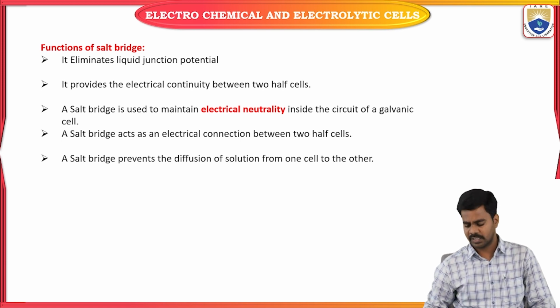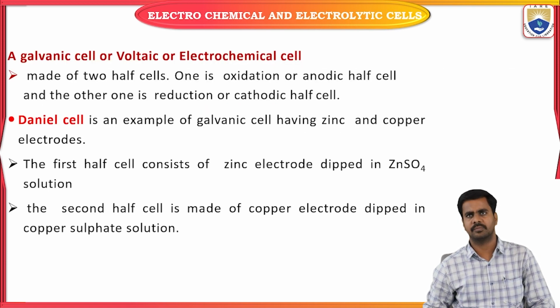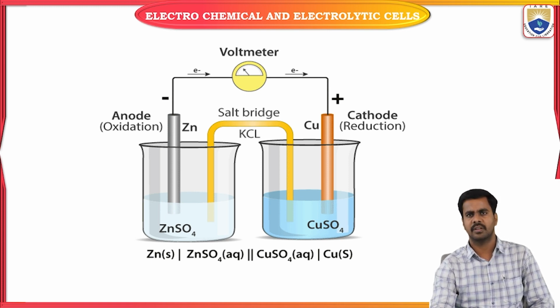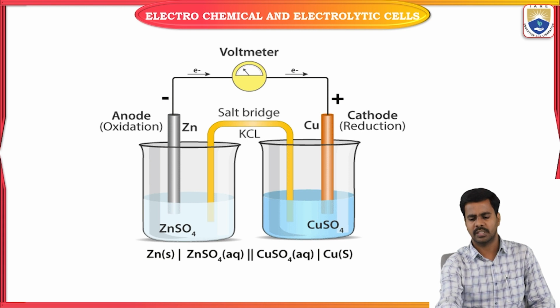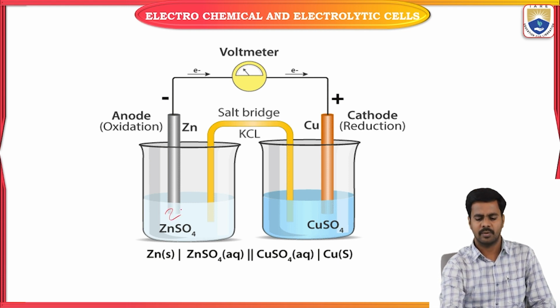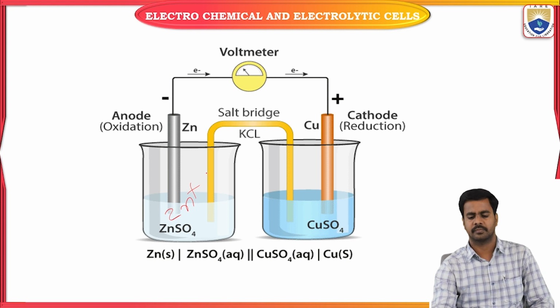Let us see what electrical neutrality is. When oxidation takes place, electrons are released at the anode and move towards the cathode, and Zn goes into the ZnSO4 solution as Zn2+.